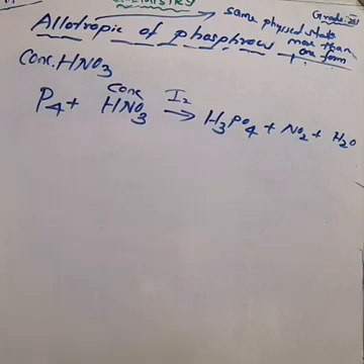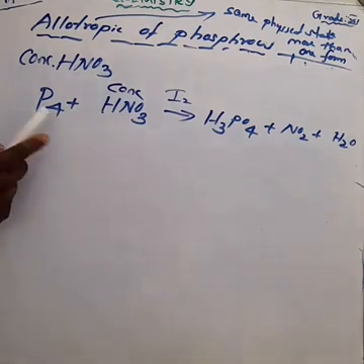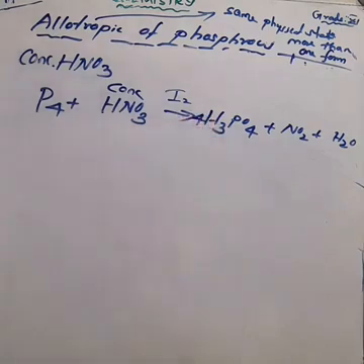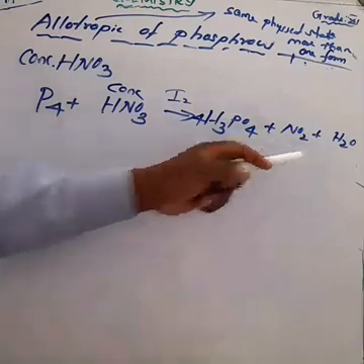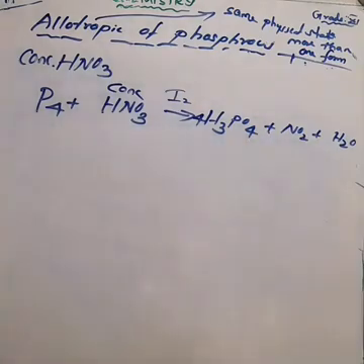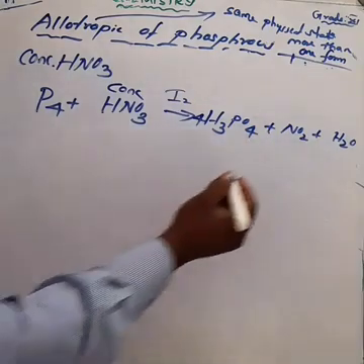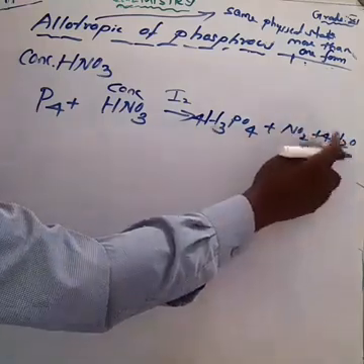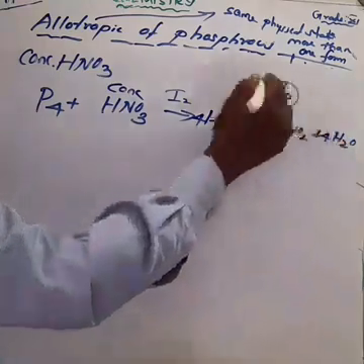How much phosphorus is there? On the reactant side 4, so make it 4 on the product side also. And here also we have water molecules, so make the water molecules 4. So 4 into 3 is equal to 12 plus 8 is equal to 20 hydrogen. So for the reactants, make it 20 also.